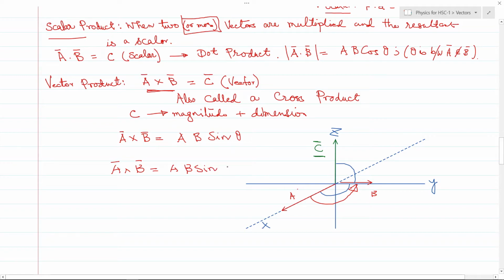Here theta is 90 degrees. So we know that it will be equals to A into B into sine 90, which is 1. So this will be equals to A into B. This A into B, that is the product, will be the magnitude of vector C.